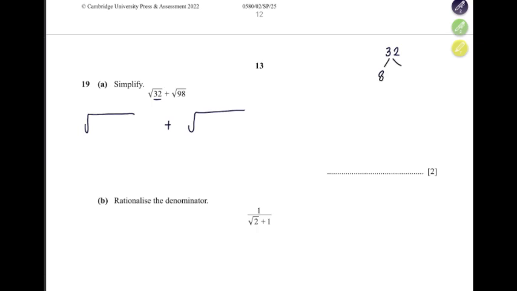What about 8? 8 can be written as 4 and 2. We can write this as 4 times 4 times 2. Now this can be written separately: square root 4 times square root 4 times square root 2.